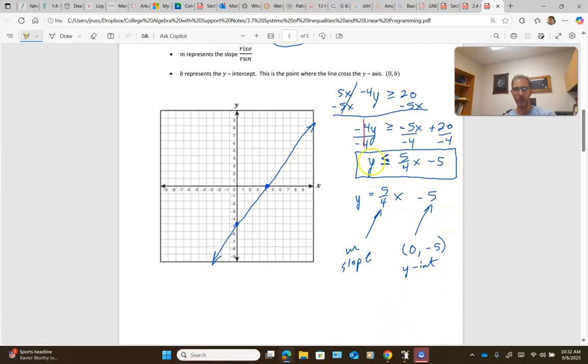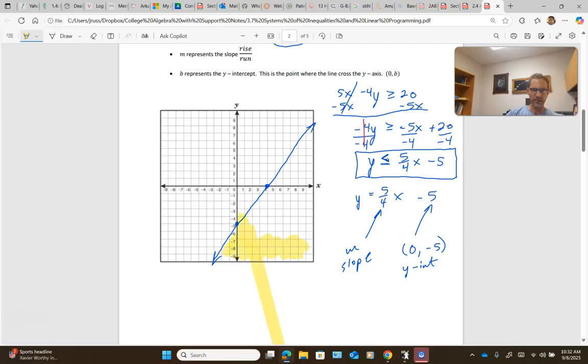It's got to say y, and then this says less than or equal to. So because it says less than, that means I need to shade below the line. So below the line would be this region right here.